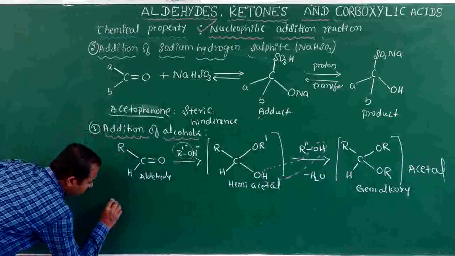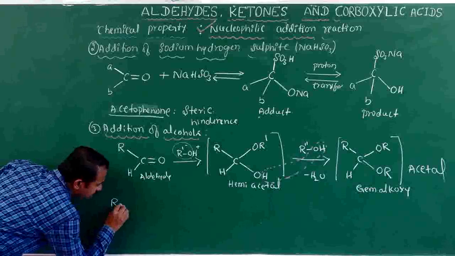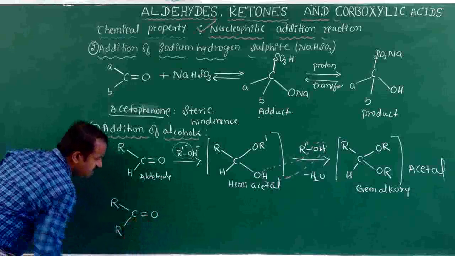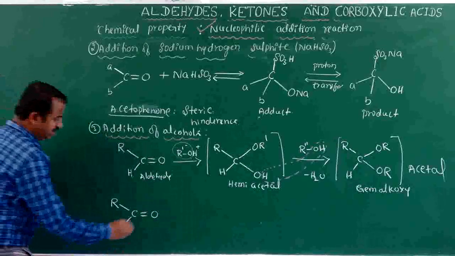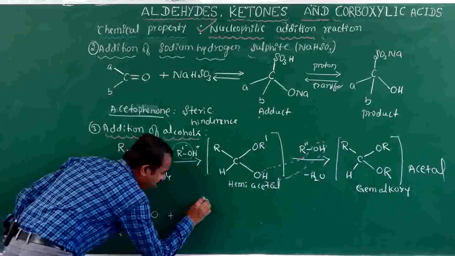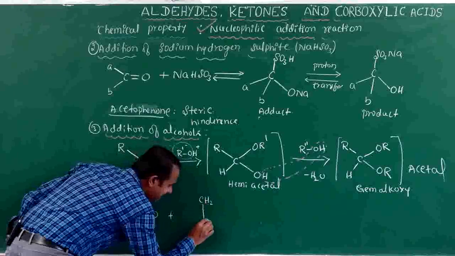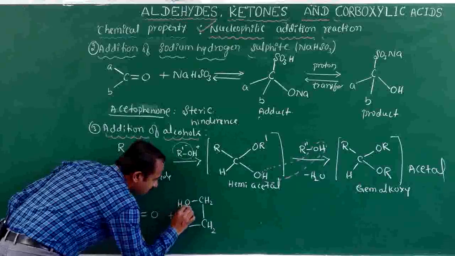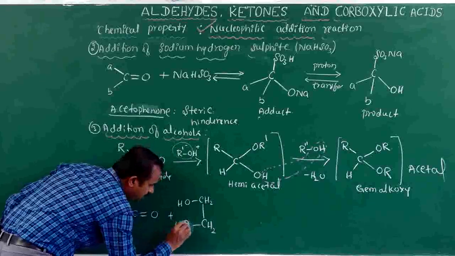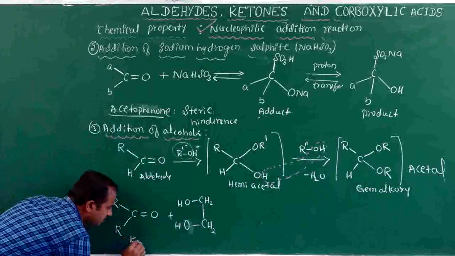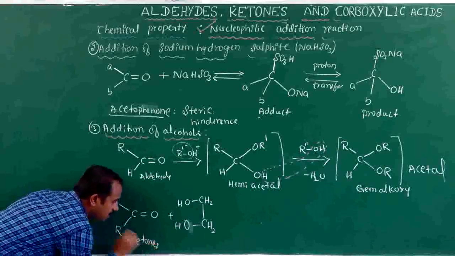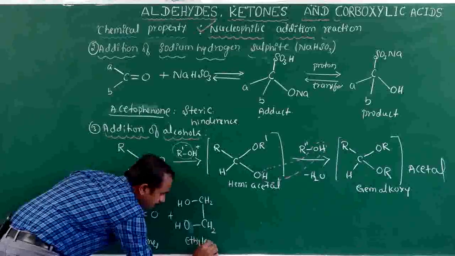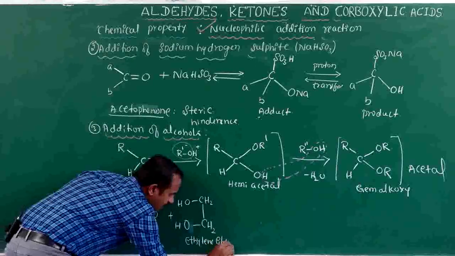Suppose I take a ketone, RCOR. The ketone reacts with ethylene glycol, which has two OH groups.